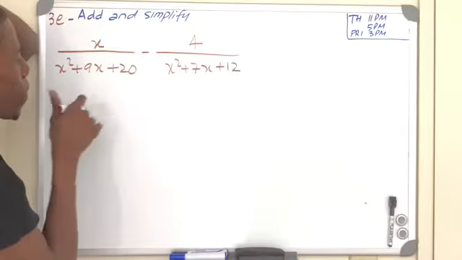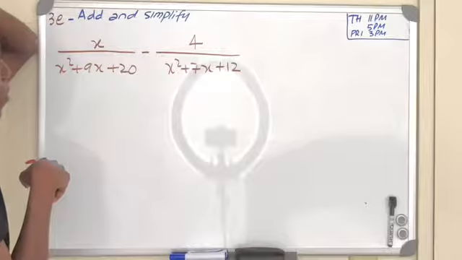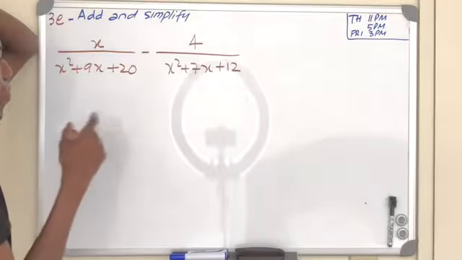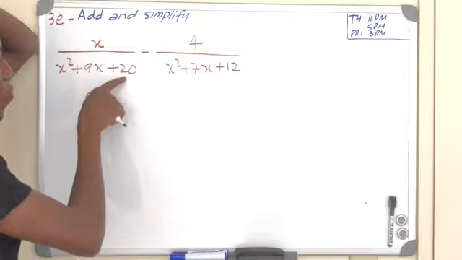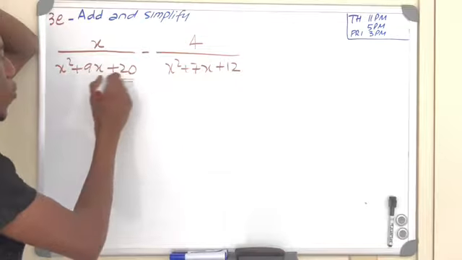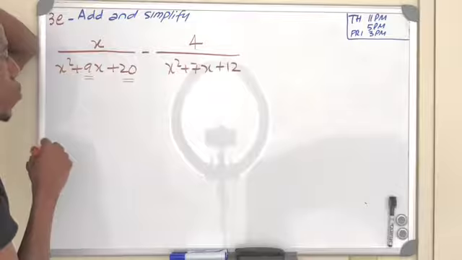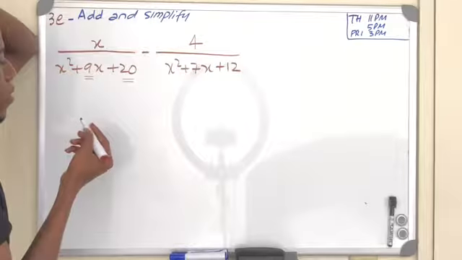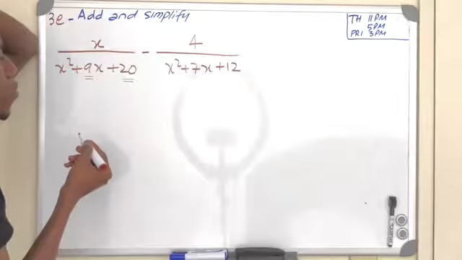Okay, so how do you factor this? x squared plus 9x plus 20. Like I said, you look for two numbers that when you multiply them give you 20, and when you add them give you 9. That's the easiest way to see how you can factor your trinomial.